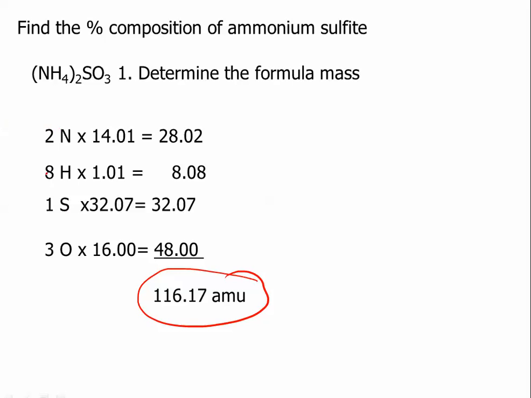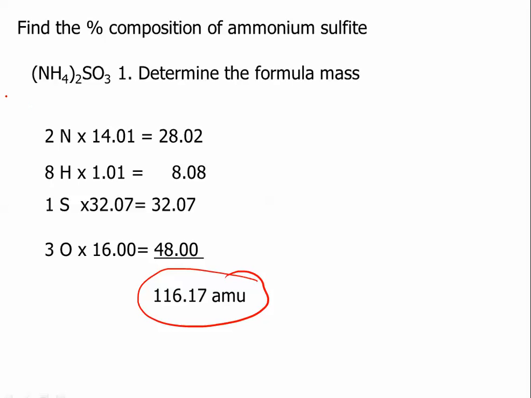And there's a reason why we did it in this nice, neat order. As you can see how much comes from each one. So of this mass of 116.17, 28 comes from nitrogen, 8 comes from hydrogen, 1 comes from sulfur, and 48 comes from oxygen. So just looking at this, which one is going to have the highest percent composition?